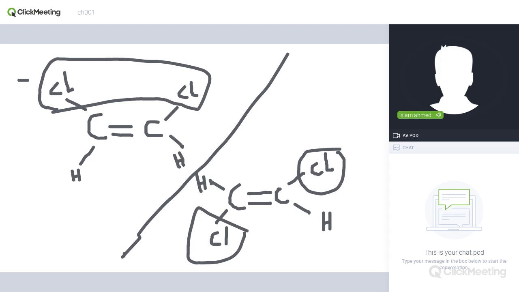If I have a molecule where both of the groups are on the same side of the double bond, is that molecule cis, trans, levo, or dextro? If it is in the same direction on the double bond, it is cis. If it is in the opposite direction, it is trans.